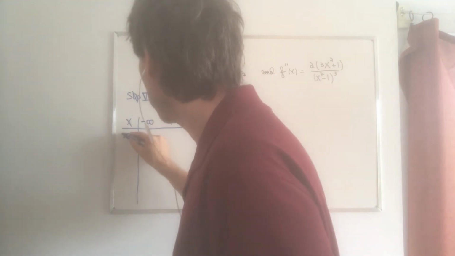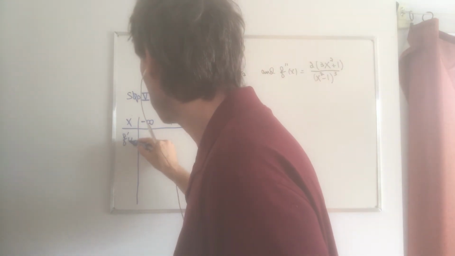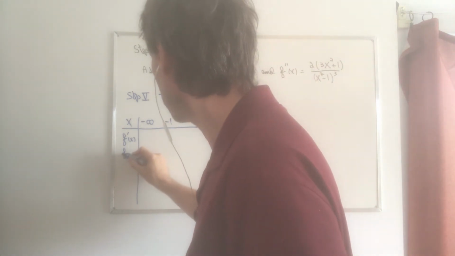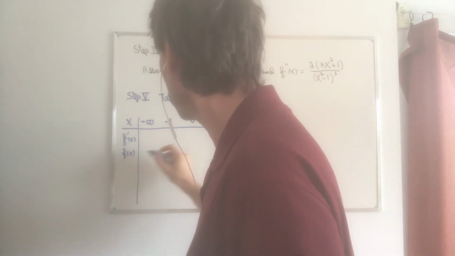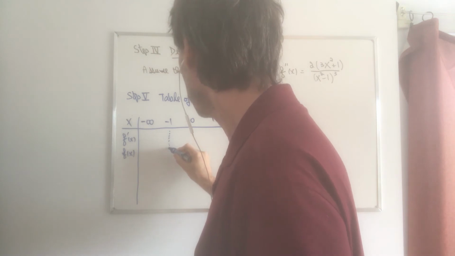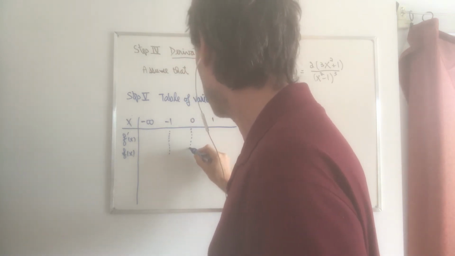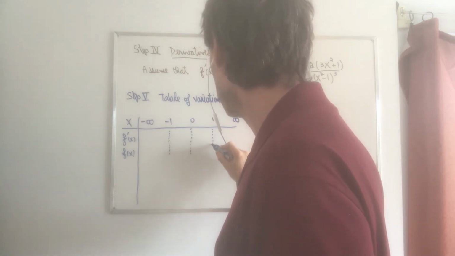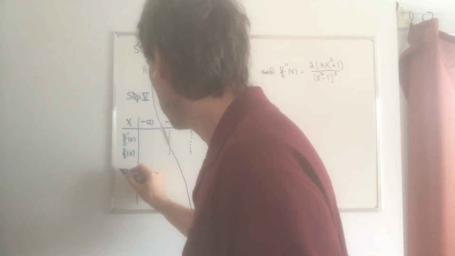Now, for f prime, we had 3 numbers that were actually critical. So that was a critical number for f prime, so was this, so was that.